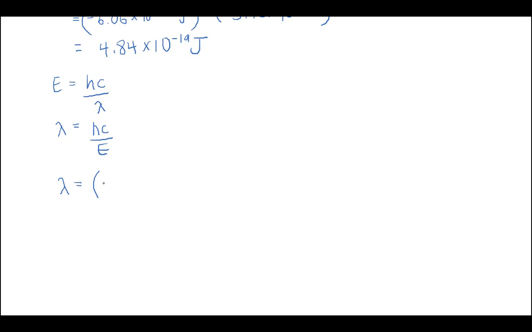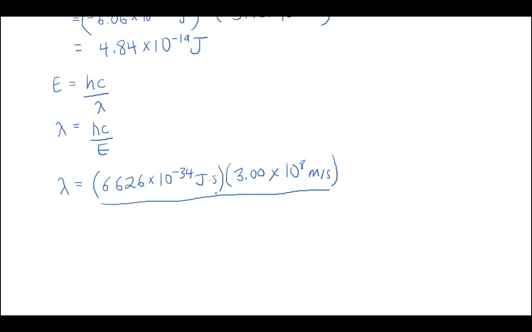So it's our Planck's constant, 6.626 times 10 to the negative 34 joule seconds. The speed of light is 3.00 times 10 to the 8 meters per second. And our energy, 4.84 times 10 to the negative 19 joules.